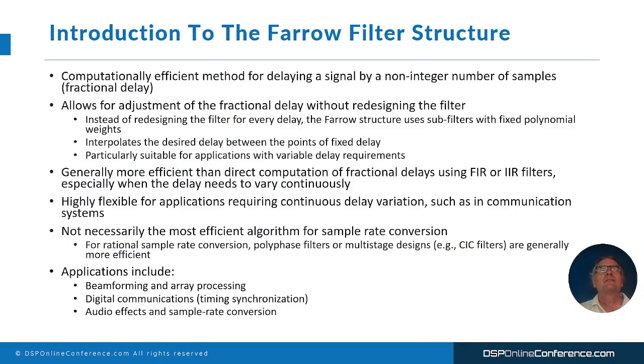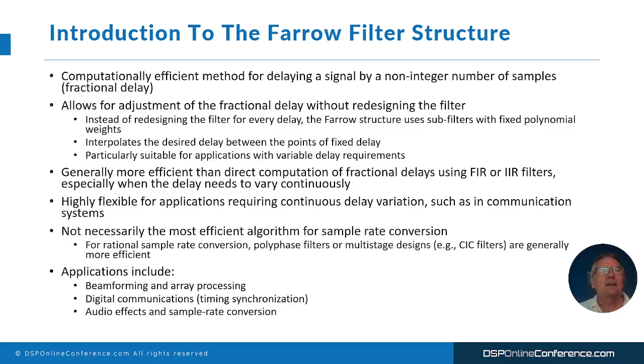So the Farrow filter structure is a very computationally efficient method for delaying a signal by a non-integer number of samples, and it allows for the adjustment of the fractional delay without redesigning the filter. So with one structure that we design, we can support any fractional delay within the range of our design.